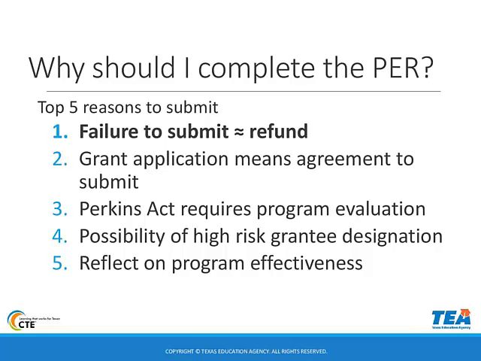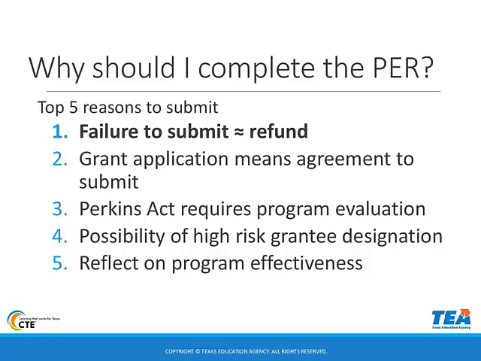And the number 1 reason why you want to be sure to do the Perkins program effectiveness report is failure to submit could result in your district having to refund the Perkins money that they have taken. That's a biggie too, isn't it? Some of you may have a big enough paycheck to pay that back, but I don't.